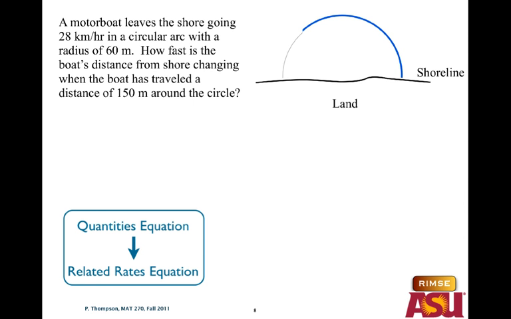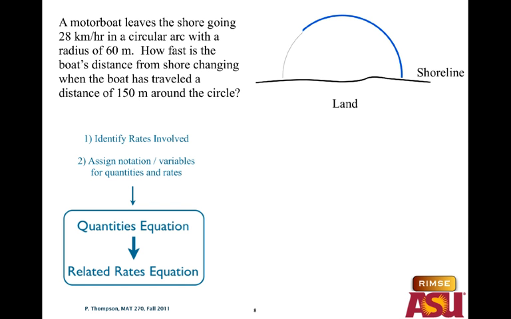This is the solution in a nutshell. We want to get an equation that relates the important quantities, from which we're going to get the related rates equation. Okay? That's the solution in a nutshell. To get there, we're going to start by identifying the rates involved.